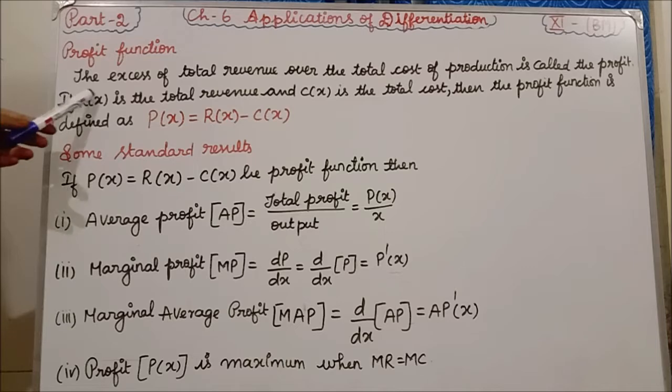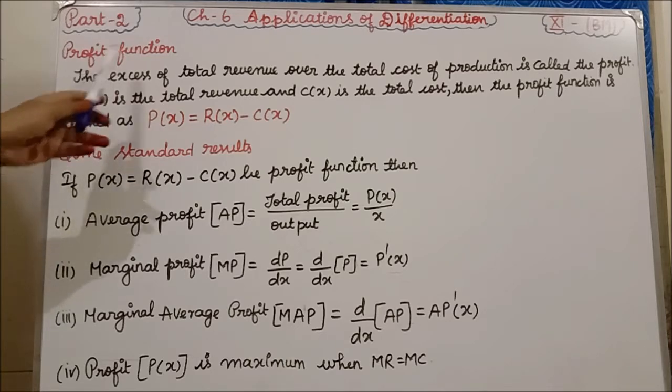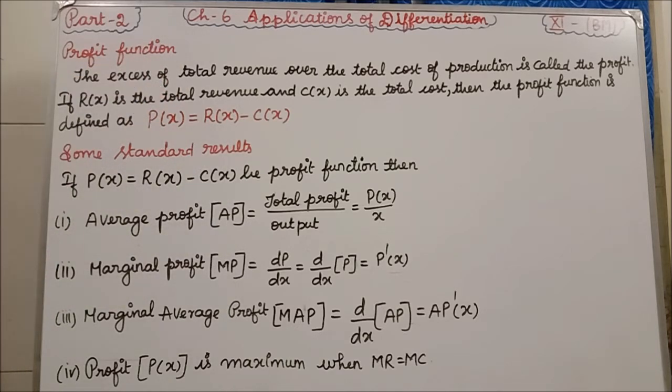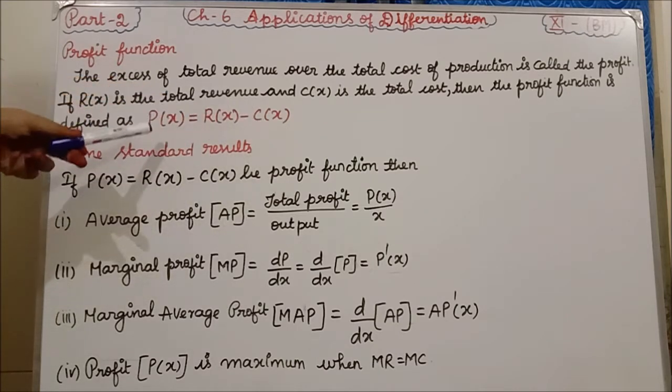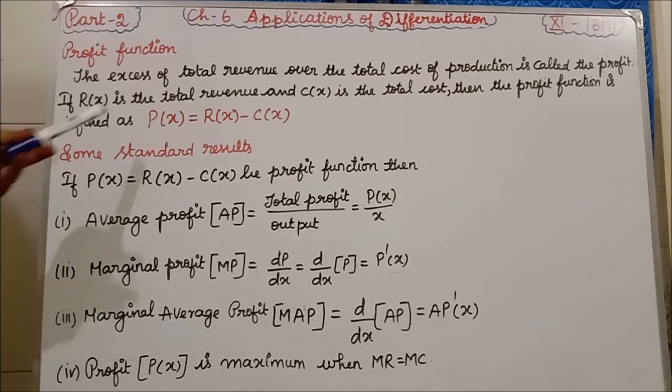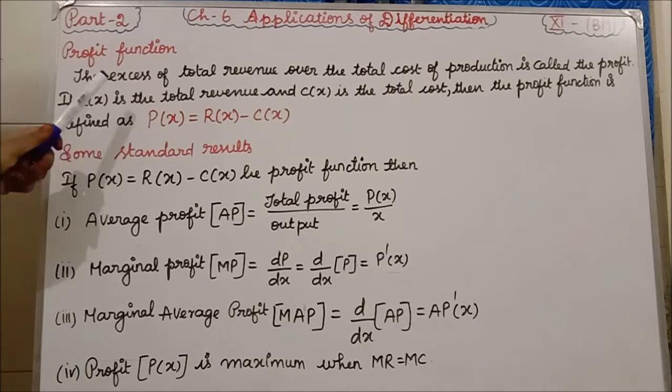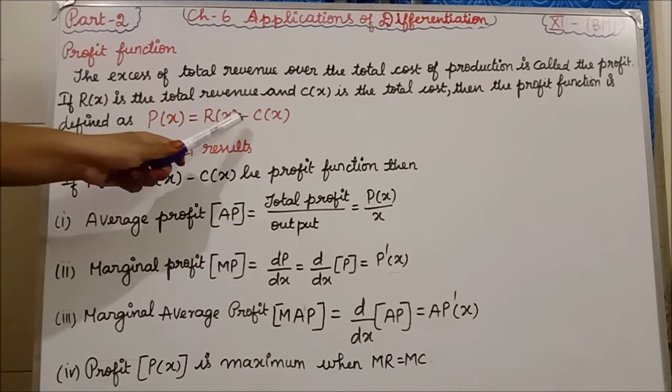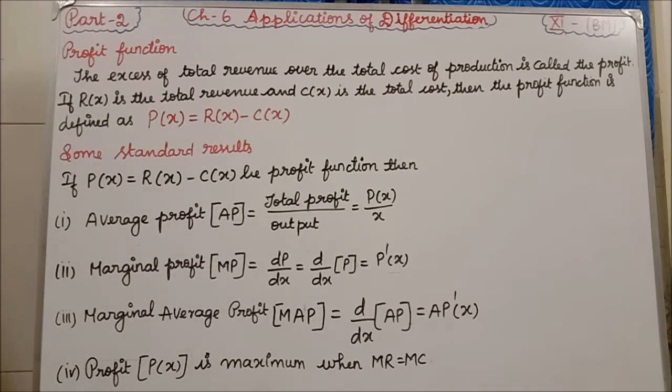So the excess of total revenue over the total cost of production is called the profit. It means if you subtract the cost from the revenue, the amount you get is the profit amount. Clear? If R of X is the total revenue and C of X is the total cost, then the profit function is defined as P of X is equal to R of X minus C of X. In this also we have some standard results.